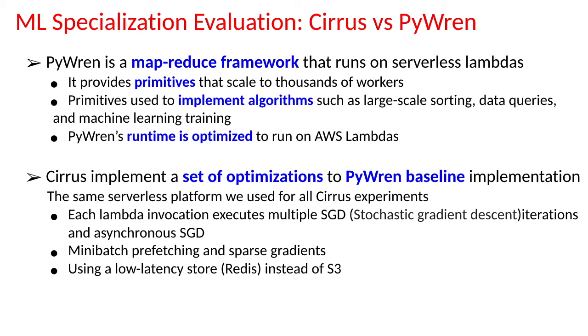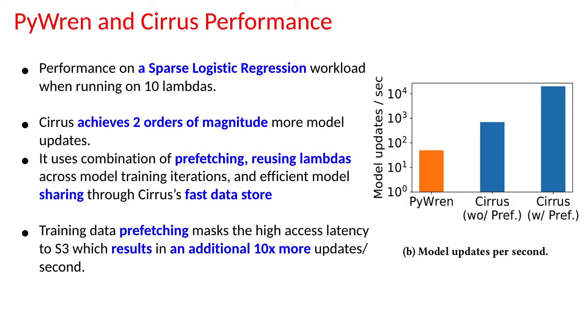Based on this comparison, let's understand the PyWren and CIRRUS performance. To calculate performance, we check a sparse logistic regression workload running on 10 Lambdas. As shown in the graph, CIRRUS achieves two orders of magnitude more model updates.